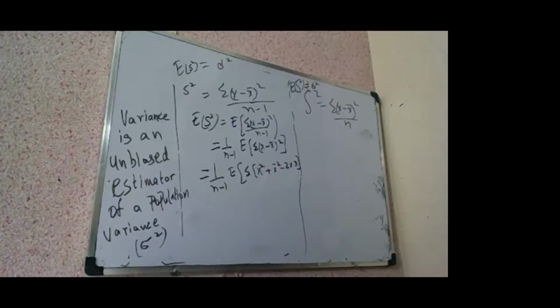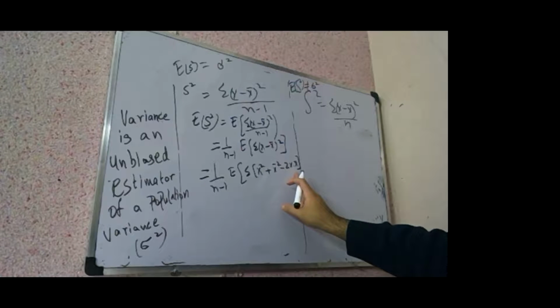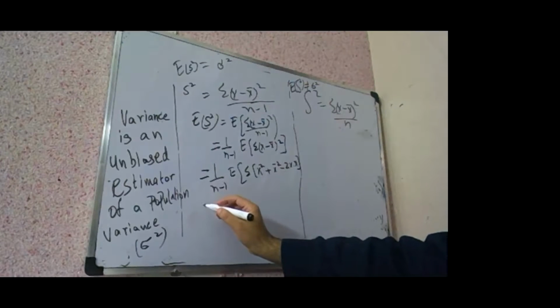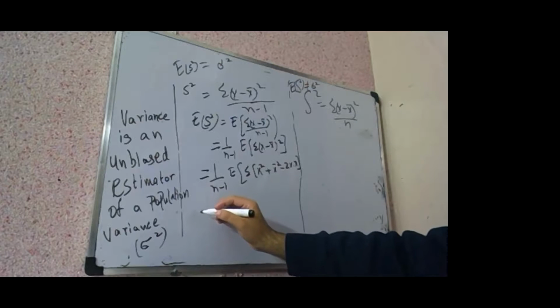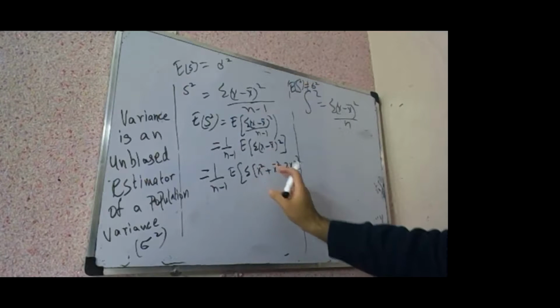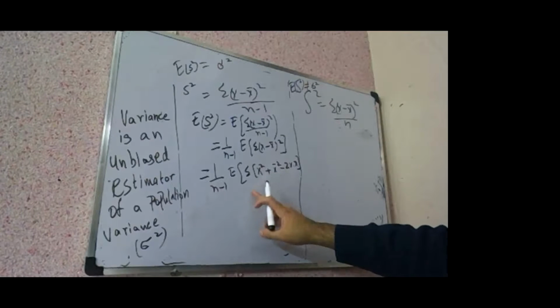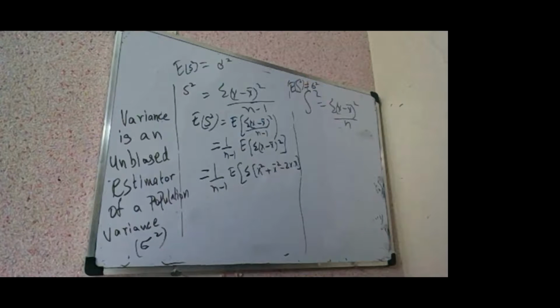Now open this formula and then apply the summation inside. x bar is a constant, and we have learned that when we apply summation to a constant, we get n times that constant.